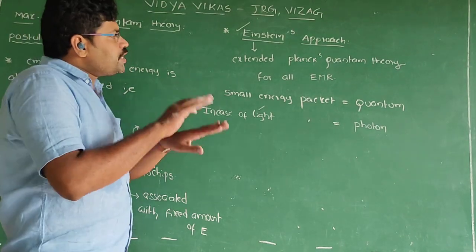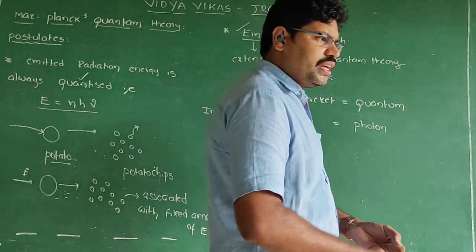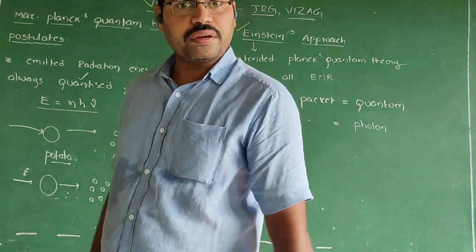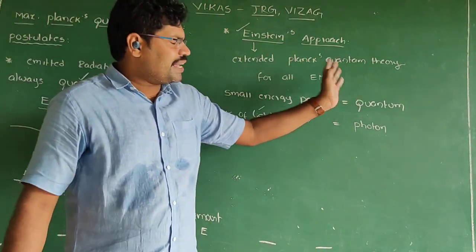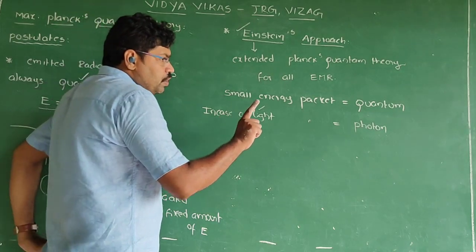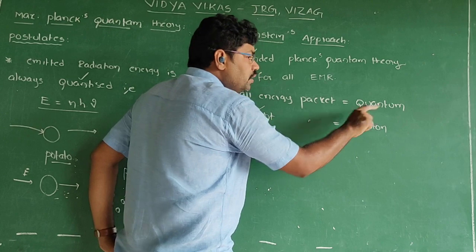But this Planck's quantum theory is extended to all electromagnetic radiations: gamma rays, X-rays, UV rays, IR rays, visible rays. That's what I'm saying, light. Okay, and also microwaves, etc. But here the replacement is one quantum. That word is just replaced with one photon, dear students.